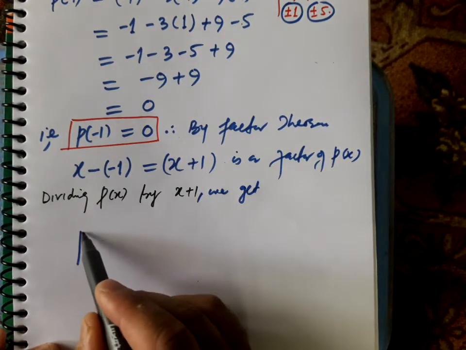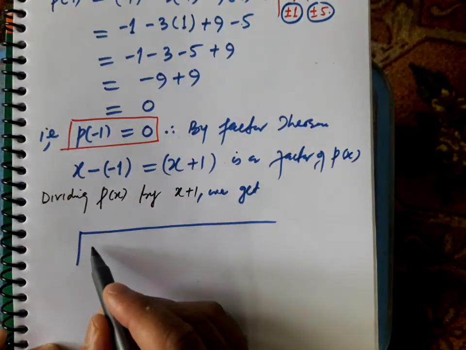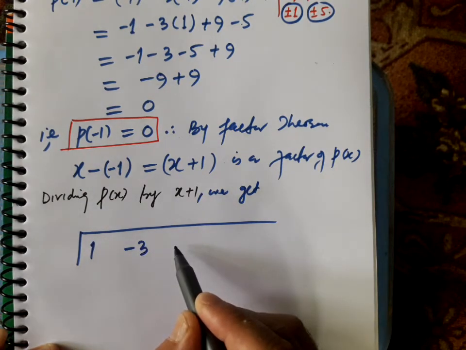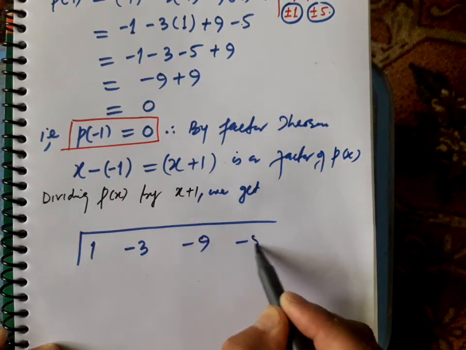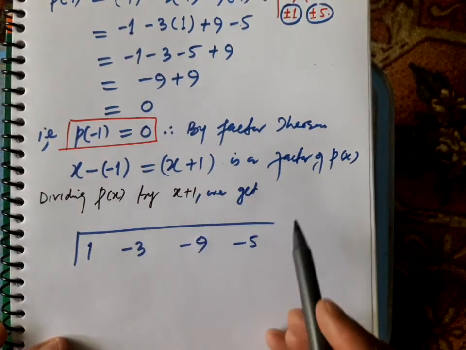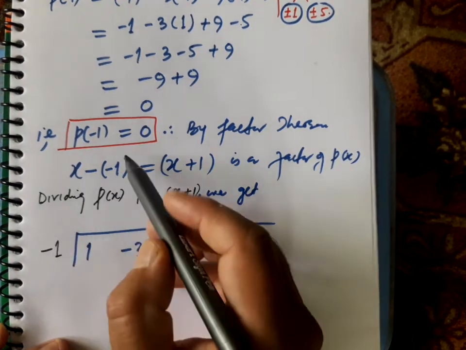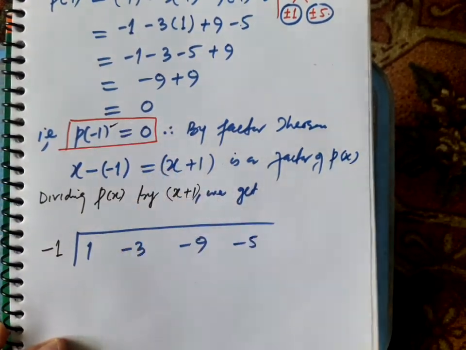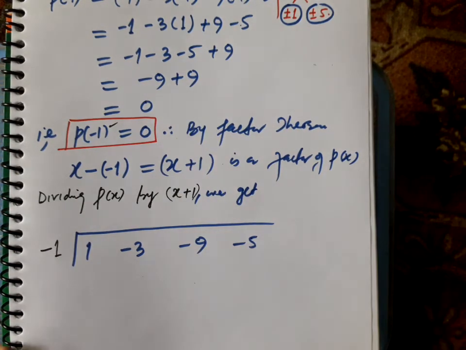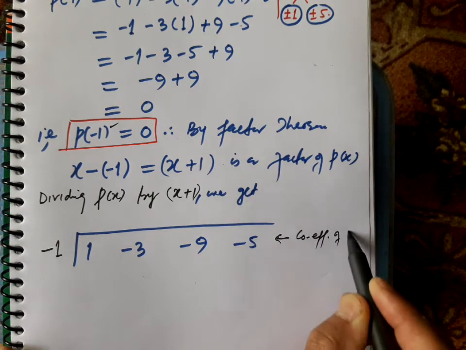तो synthetic division सिंपल है, ऐसे करें हम। यहाँ पर p(x) के x की कोएफिशिएंट्स हैं 1, -3, -9, -5, and the zero of x plus 1 is -1. तो हमने इसमें synthetic division से डिवाइड करना है। All these are coefficients of p of x.